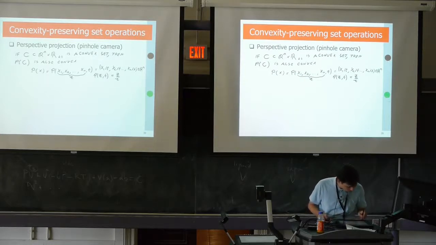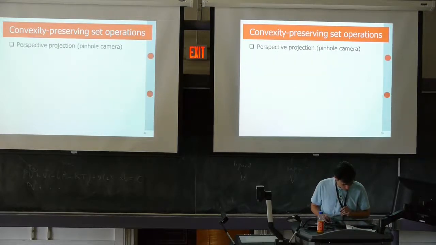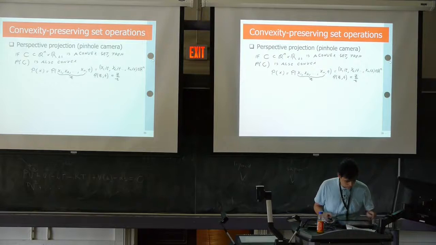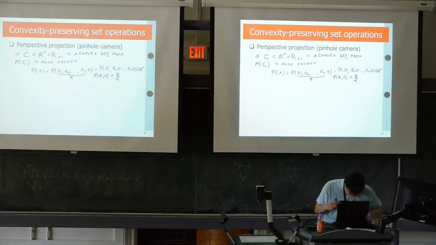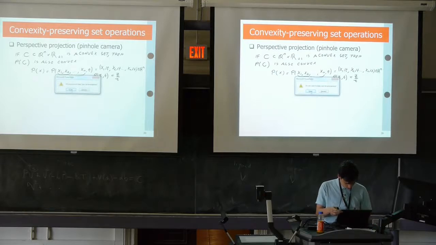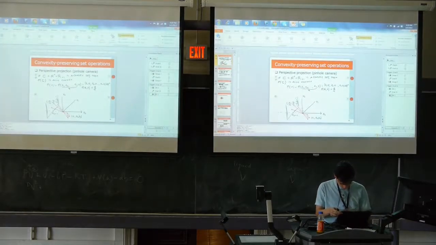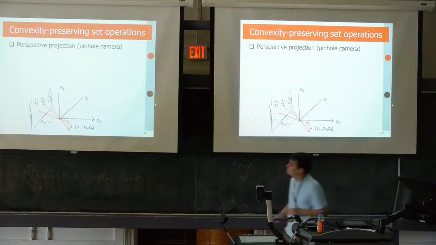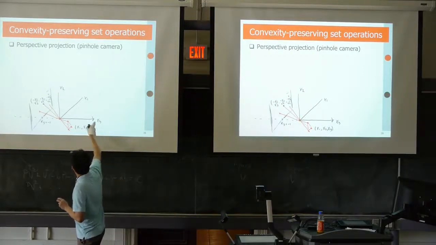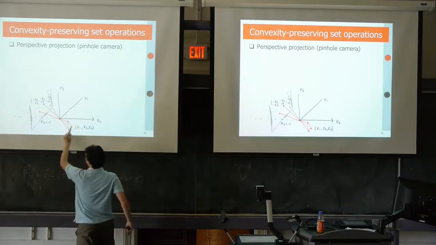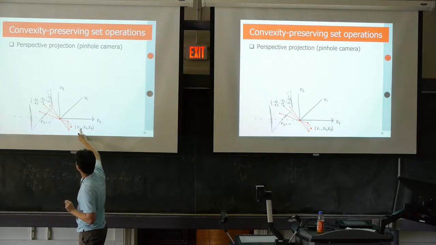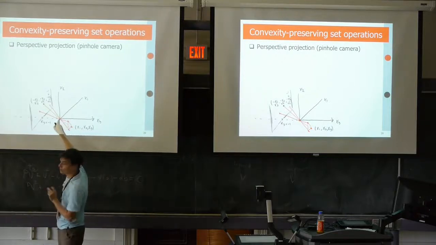So I try to make a picture. Here we go. So say we are in the three-dimensional space, and we have a convex set with coordinates x1, x2, and x3. And that's why it's called pinhole camera.